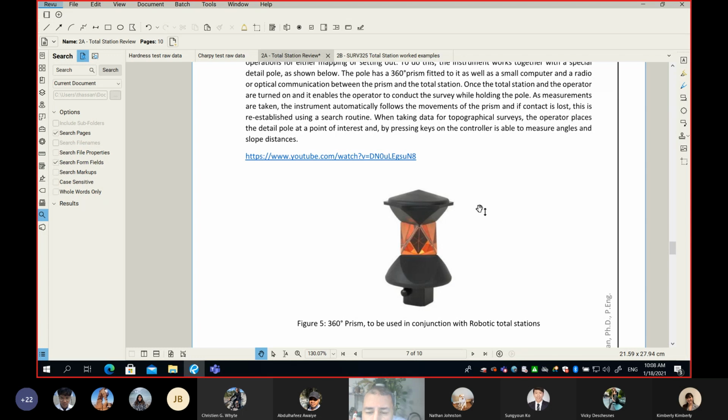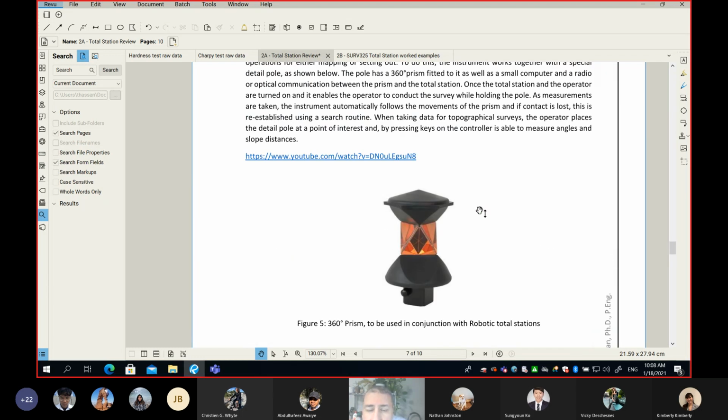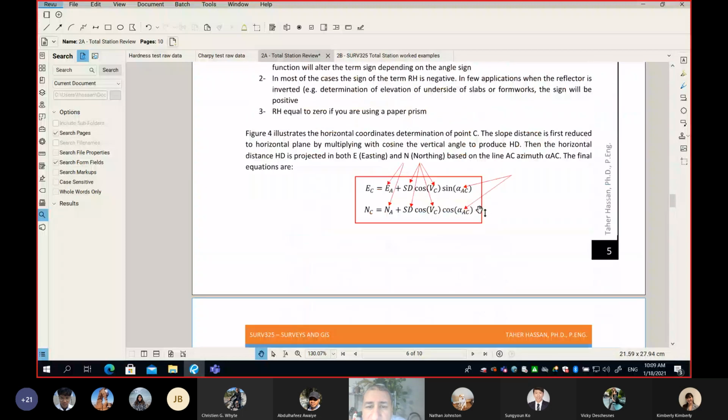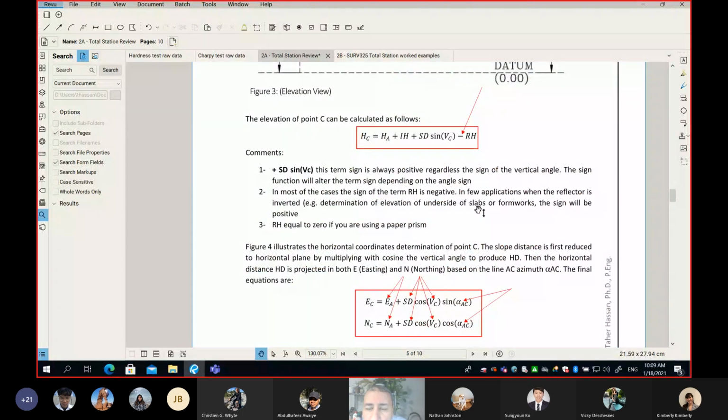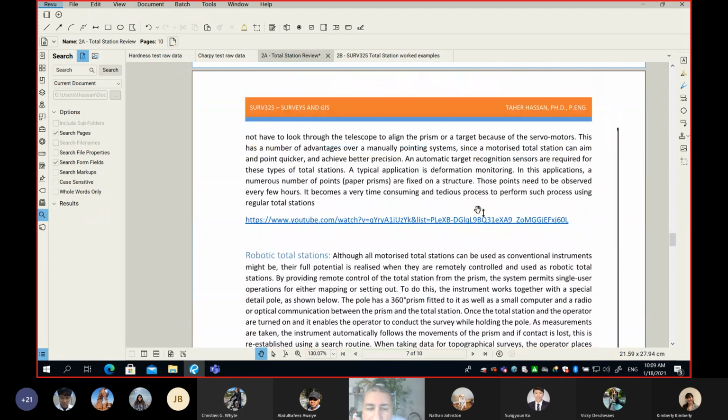Okay? Maybe, yes, a robotic total station can do some extra magic compared to what you learned, but you still have to understand it works based on the same principle. So any of those will still use those equations. So no magic, no new equations. The equations are the same. There is a refinement of the process, or something more advanced, but it still uses the same set of equations and requires the same procedure.